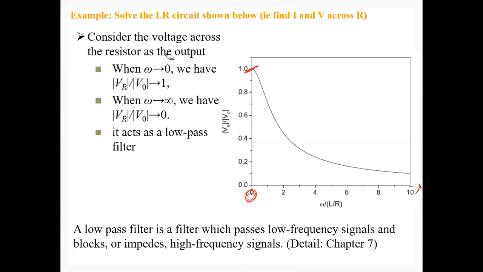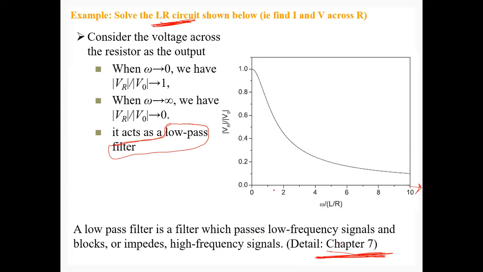So this is the LR circuit, and the LR circuit acts as a low pass filter. We'll talk about the filter behavior in chapter 7, but for now I want to introduce a little bit about it. So what is a low pass filter? A filter which passes the low frequency signal and blocks the higher frequency signal.